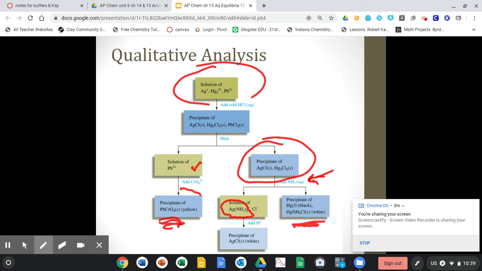And then here you have the complex silver ammonia ion. And now we're going to acidify it to drive the equilibrium the other way and make it react with the chloride that is also present. And then that will give you a precipitate of silver chloride. So that's how you go through these charts and figure out what to do.